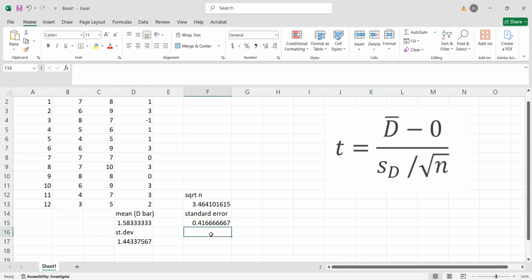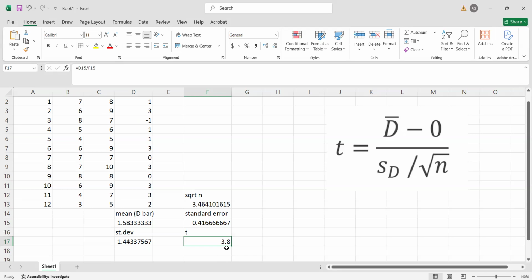We've got D bar, and if we divide that by our standard error, we get the t value. So I'm going to put in t right here, equals D bar divided by standard error. Hit enter, 3.8. Nice. So this is our observed t-score, right? Do we know if that's significant or not? We do not.